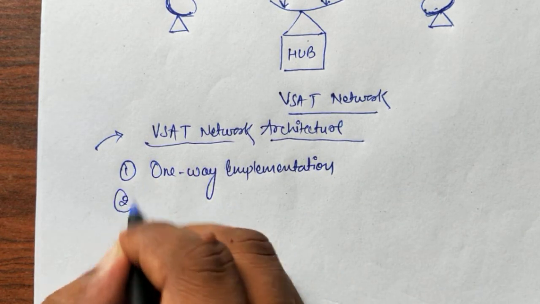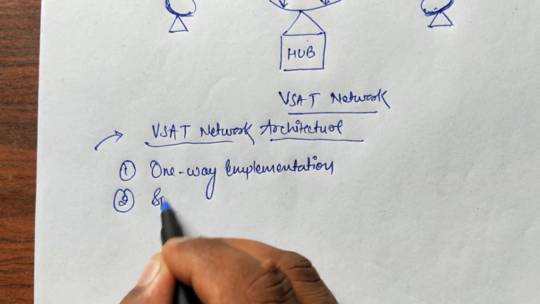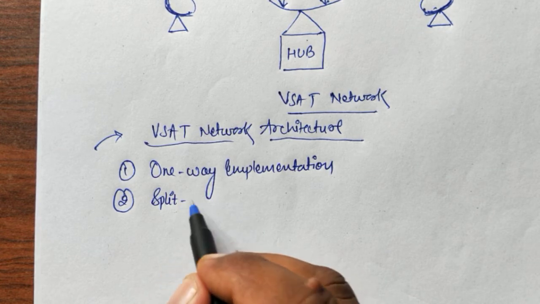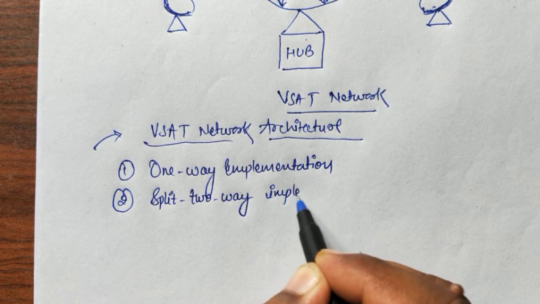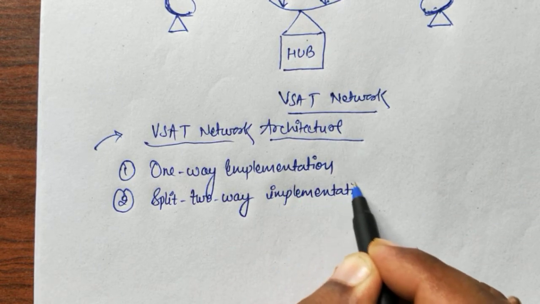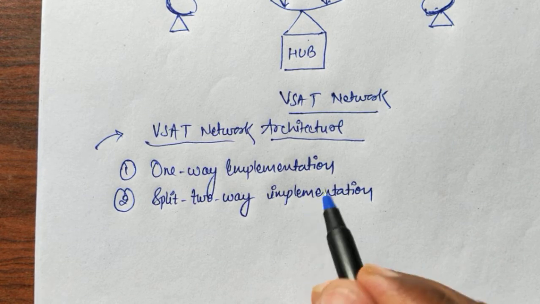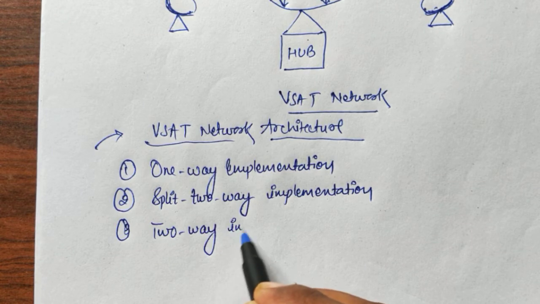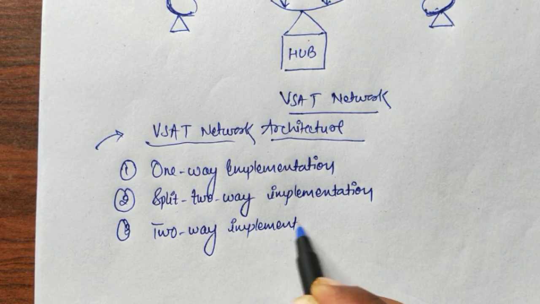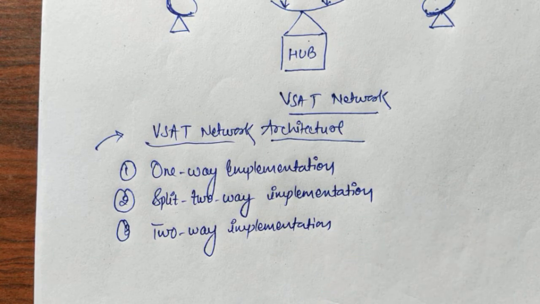The second one is the split two-way implementation, and the third is the two-way implementation. So these are the three basic architectures: one-way implementation, split two-way implementation, and two-way implementation.